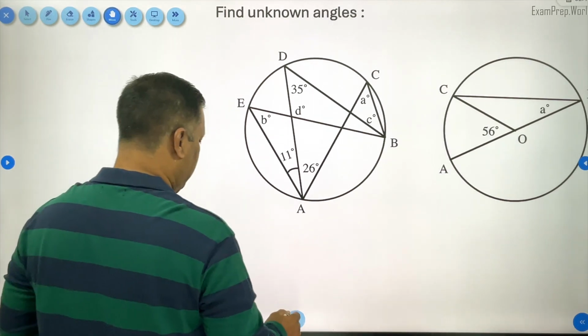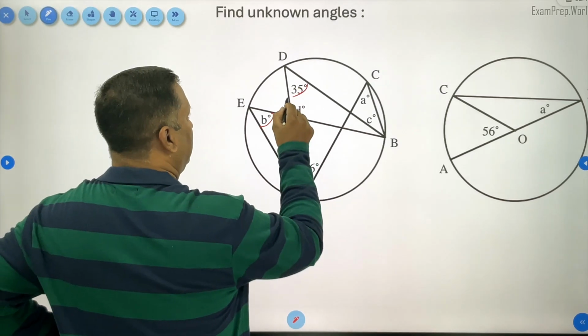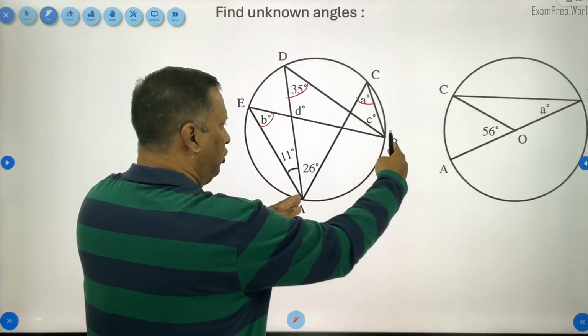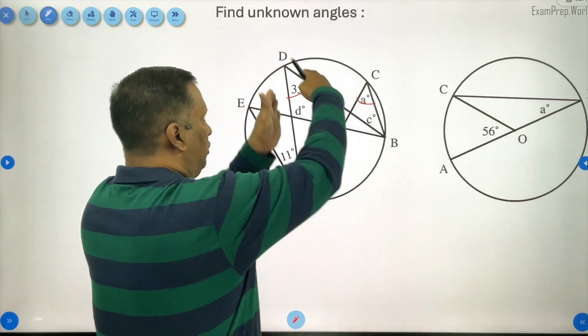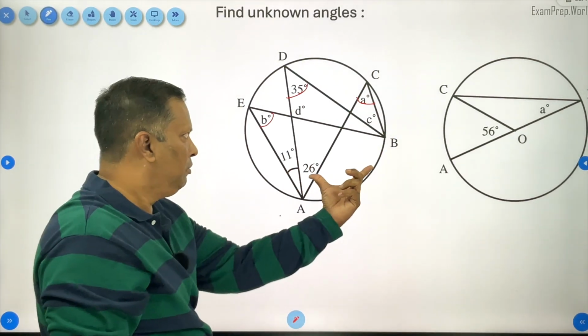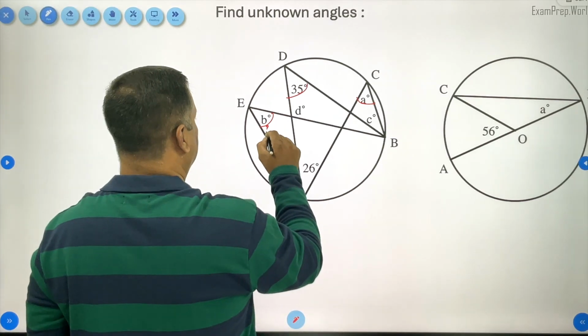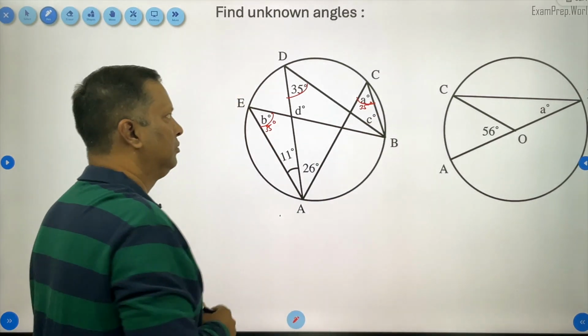So let us go ahead and write that these angles are equal. So B, D and C will be equal. Why? Because AB is creating C, AB is also creating D, AB is also creating E. Three angles created by same arc, so they have to be equal. So this is 35 degrees, this is also 35 degrees.